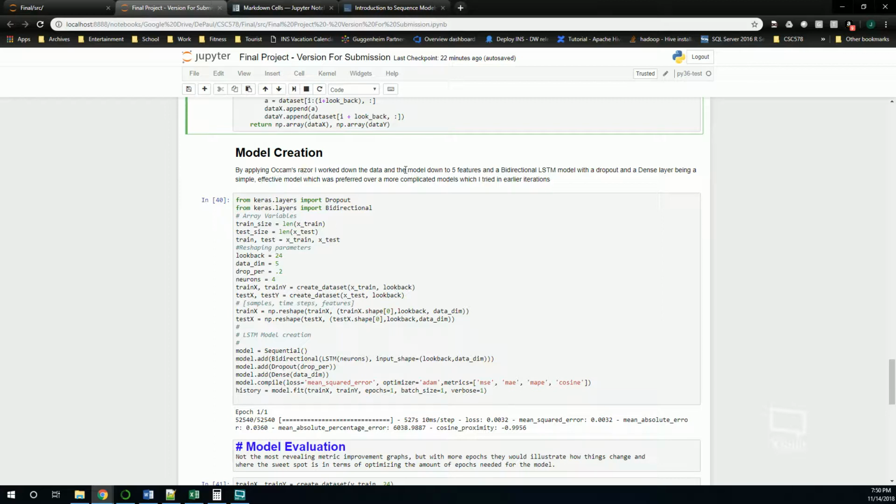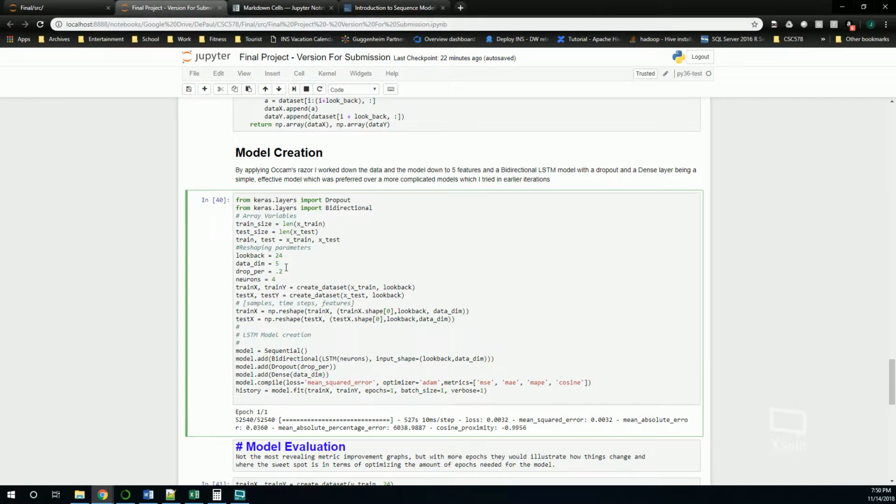So here's my model creation. As I said, I'm using Occam's razor and trying to make the most efficient model I can. I only have 5 data dimensions. I'm dropping 20%. Look back is 24 hours as it's described in the assignment. I'm only using 4 neurons, creating my data sets all off X train and test, and then reshaping them so that they'll fit inside my bidirectional LSTM, which is essentially what I went with because it's a recurrent neural network.